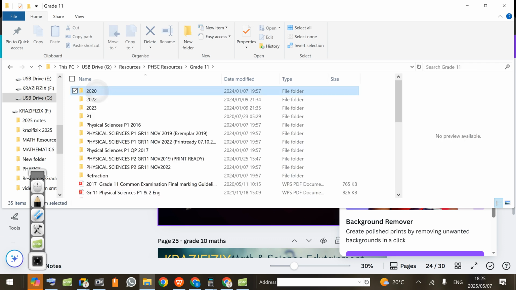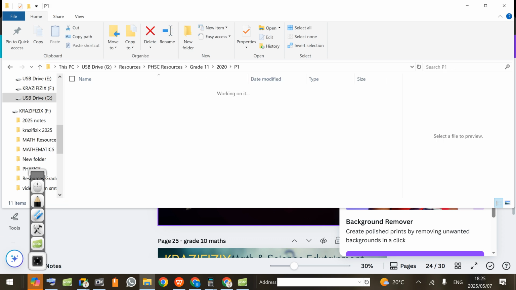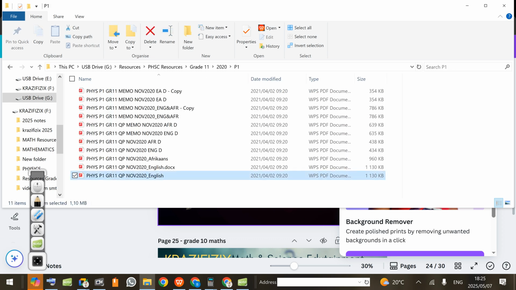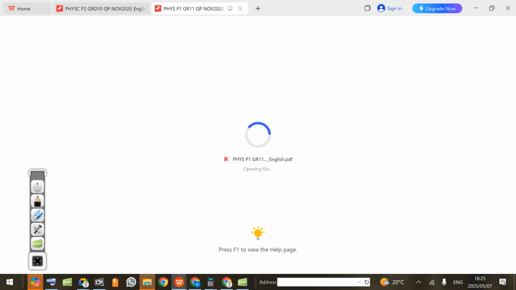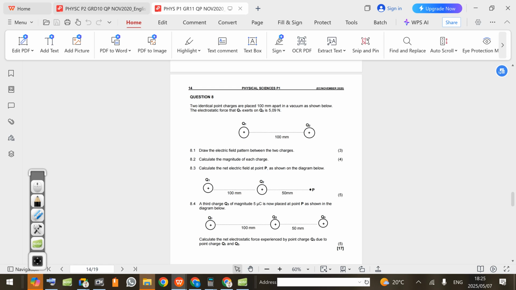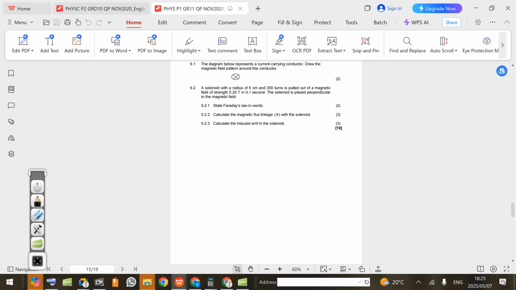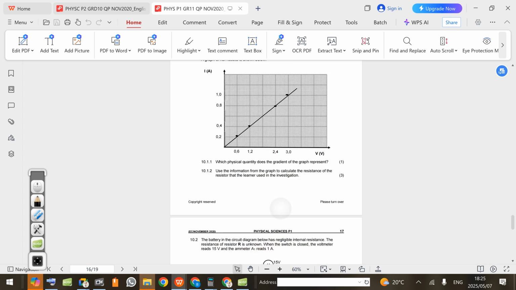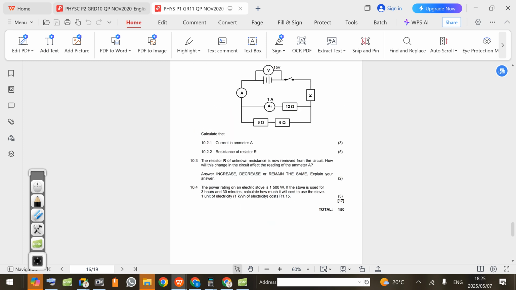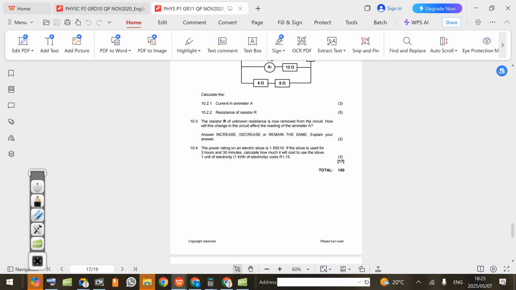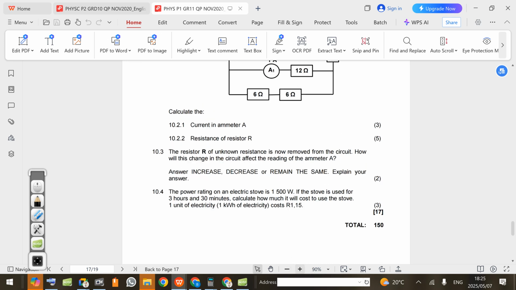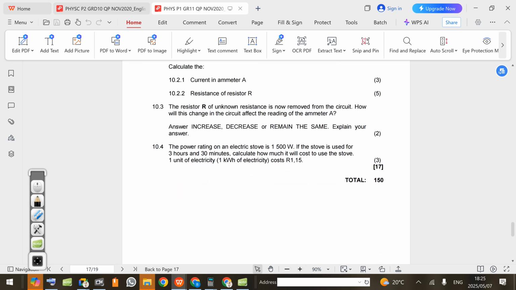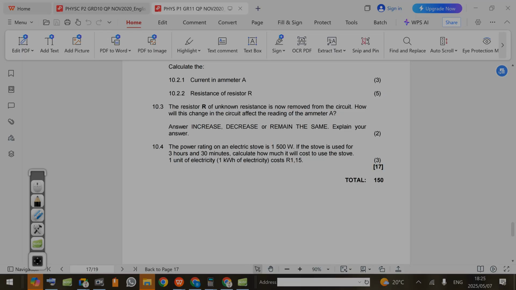Okay, let's go pick from grade 11. We're looking for costing, paper 1. And today I'm going to also talk about graphs a little bit. You can see it's 3 marks. You know, it's not something that you should kill yourself over. It's something you must just quickly get the marks.